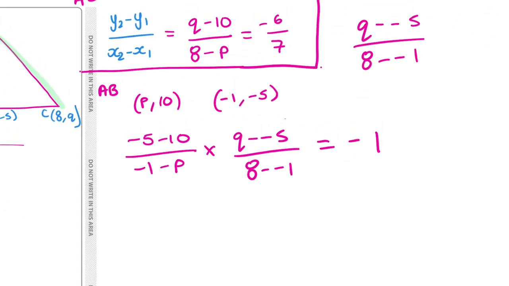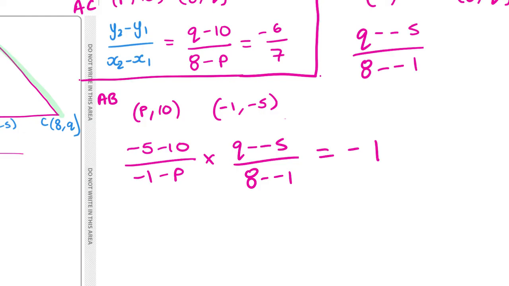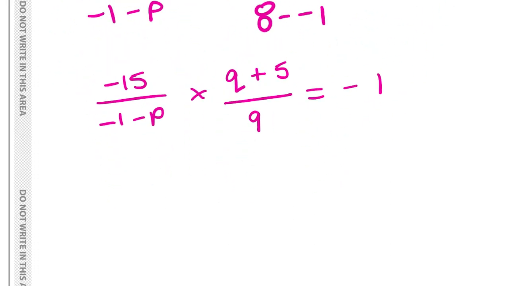So let's tidy this up a little bit. Minus 5 minus 10, minus 15, over minus 1 minus p. We can't tidy that up. Multiplied by, what's q minus minus 5? Q plus 5, over 8 minus minus 1, 9. This equals negative 1. What do we do when we multiply fractions? Yeah, we multiply the numerator and the denominator.